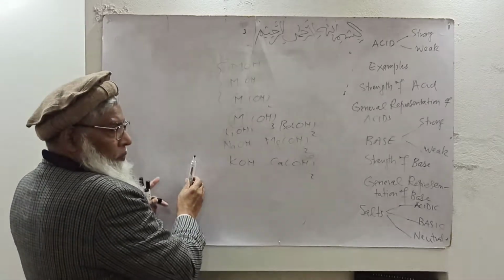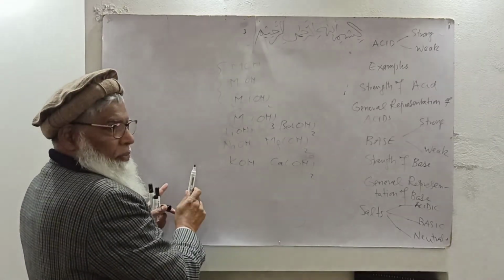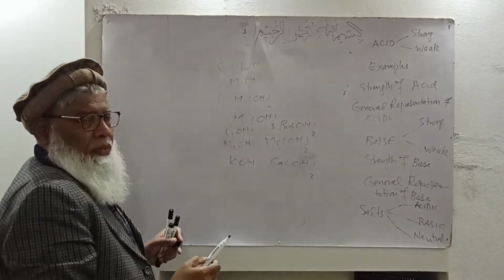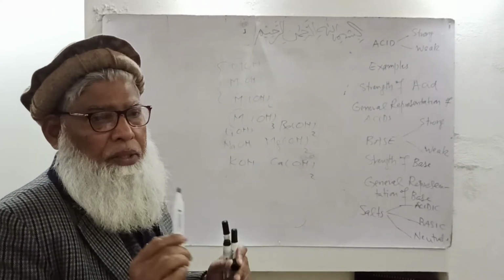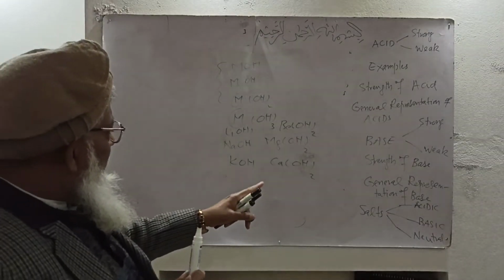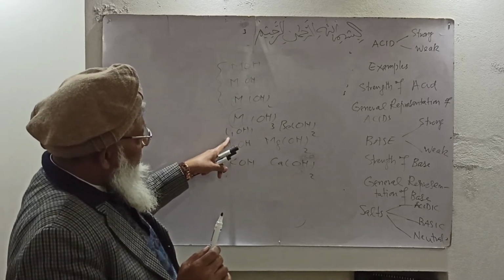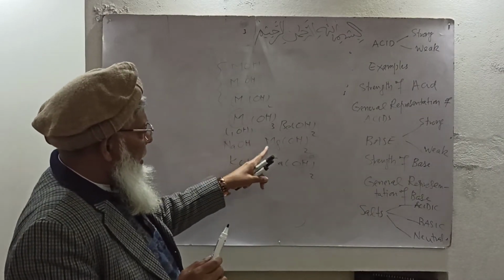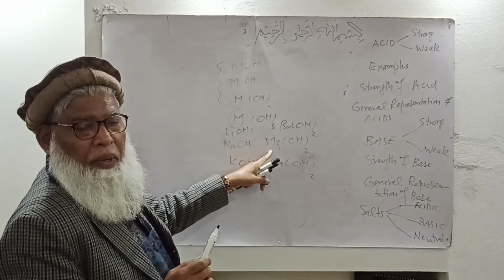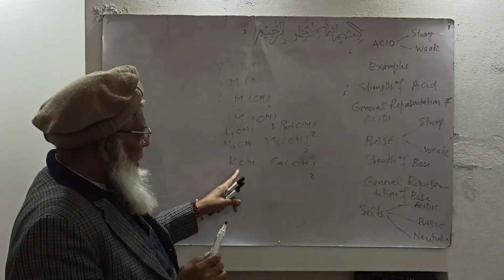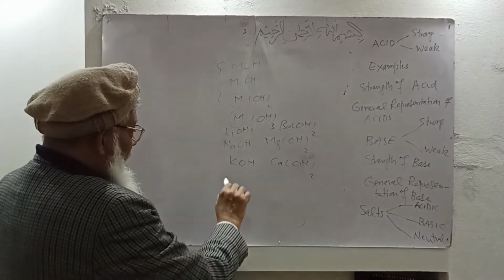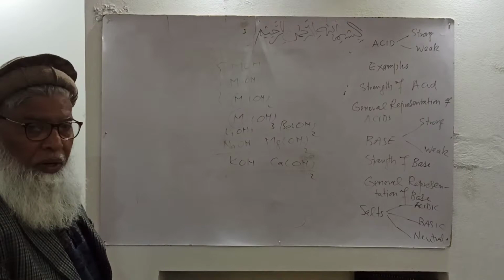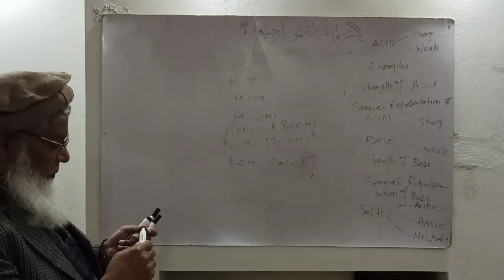When we move from left to right in a period, the charge density on metallic ions gradually increases. As compared to lithium, the charge density of beryllium is greater. As compared to sodium, the charge density of magnesium is greater. As compared to potassium, the charge density of calcium is greater. So in a period, the strength of bases gradually decreases from left to right.